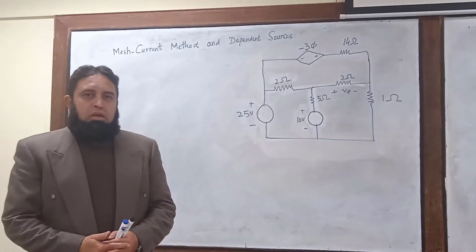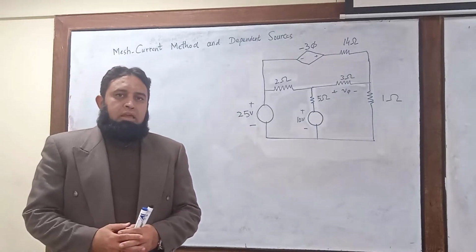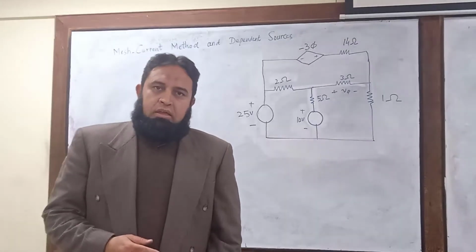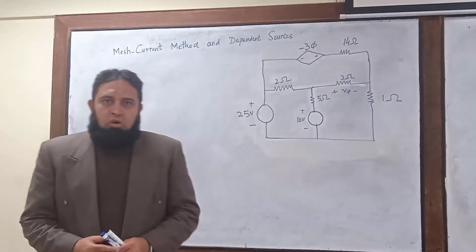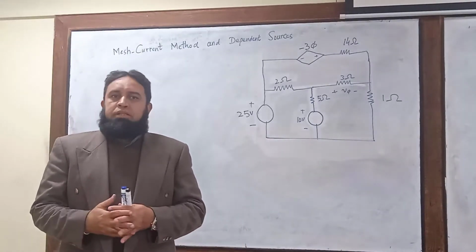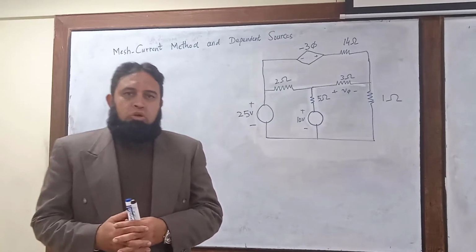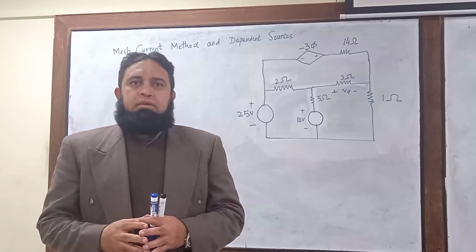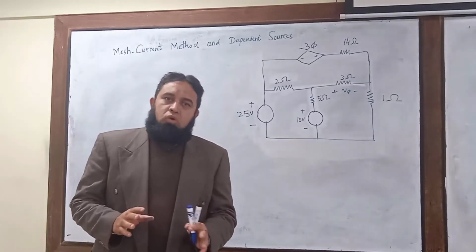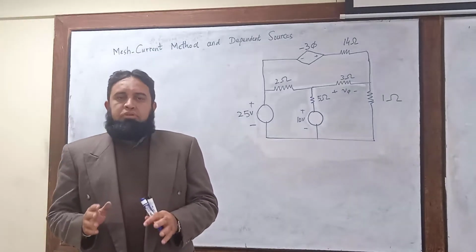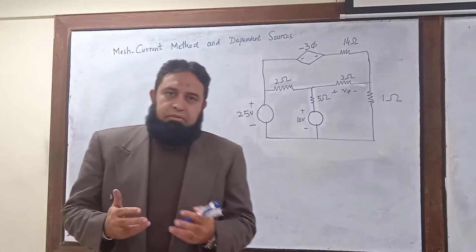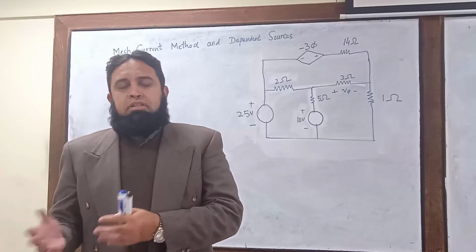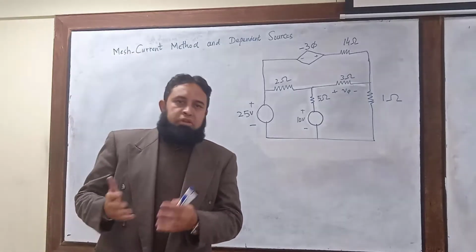Okay, so today we will discuss the mesh current method when dependent sources are there in the circuits. As I told you in the context of the node voltage method, again I will emphasize that there is no difference when analyzing the mesh current method with independent sources and with dependent sources.